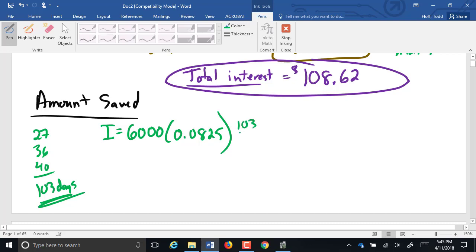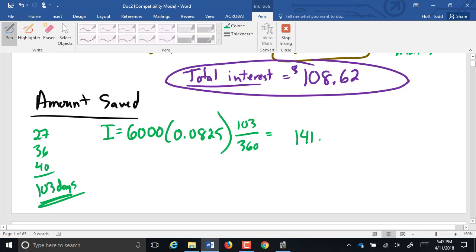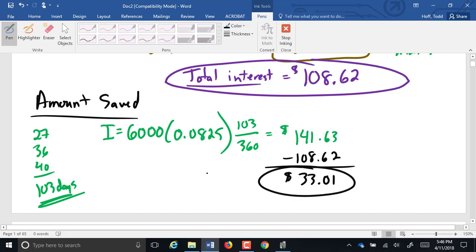So that's times 103 over 360. $141.63 would be that interest. We subtract the interest of 108.62. We saved $33.01 by making the partial payments.